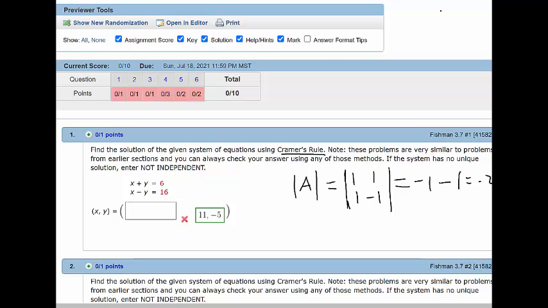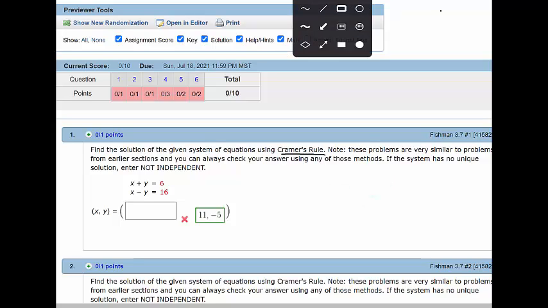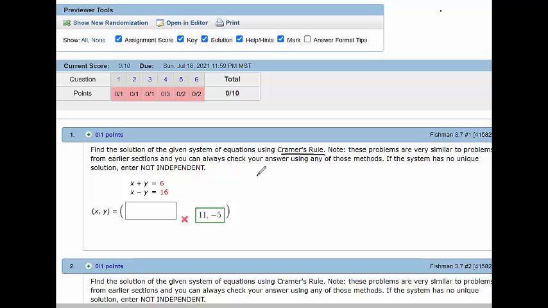Okay, let me write it clear so that everybody will understand. So I'm writing my determinant for A. This is 1, 1, 1, -1, and we know first we multiply the main diagonal, which is -1, and subtract the off-diagonal result. That's why negative 2 is here.